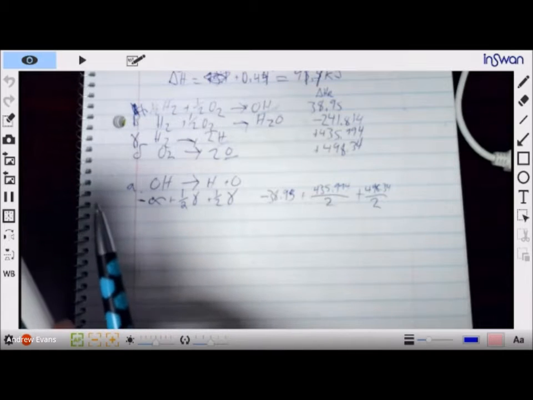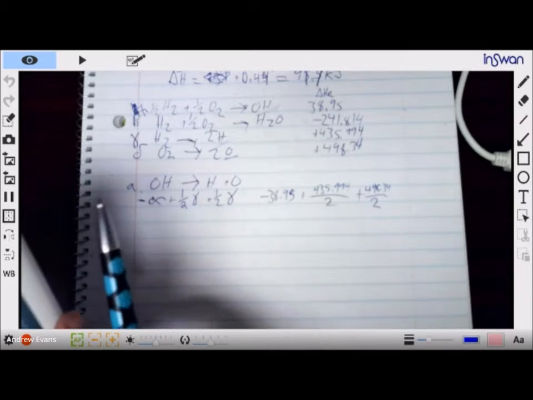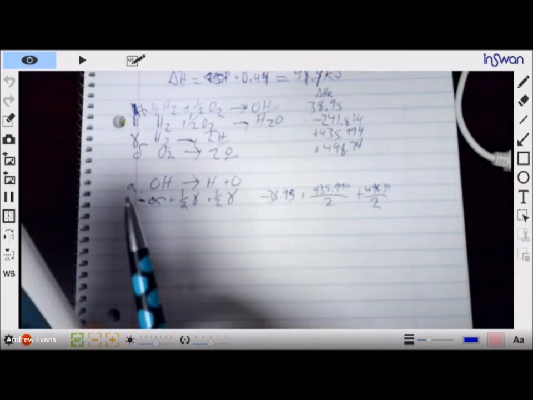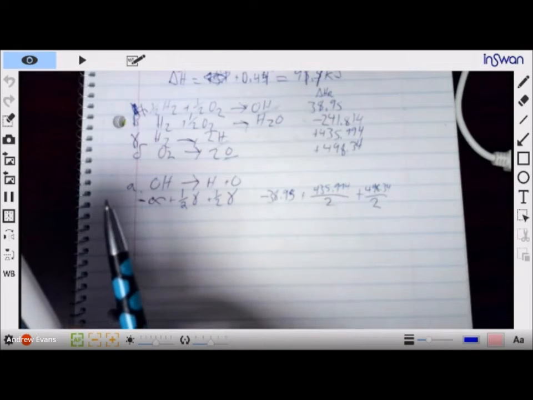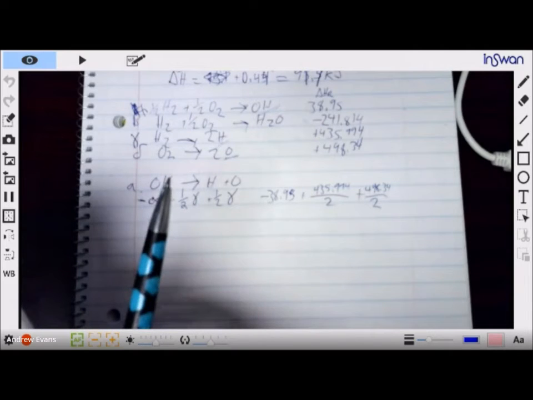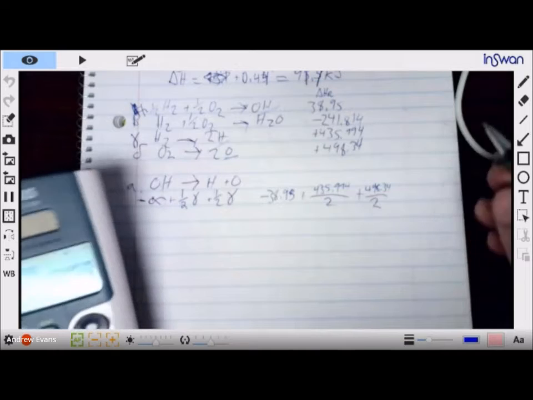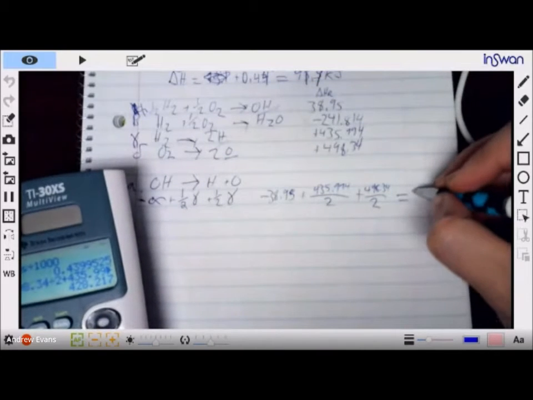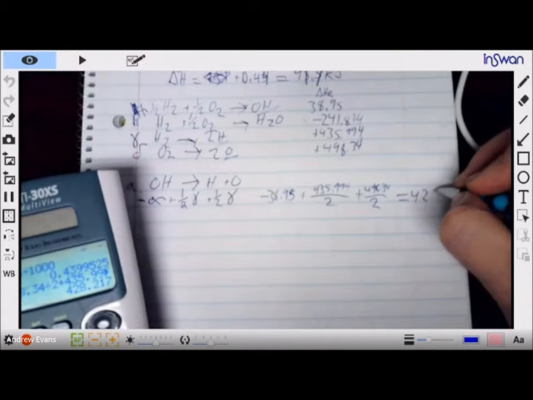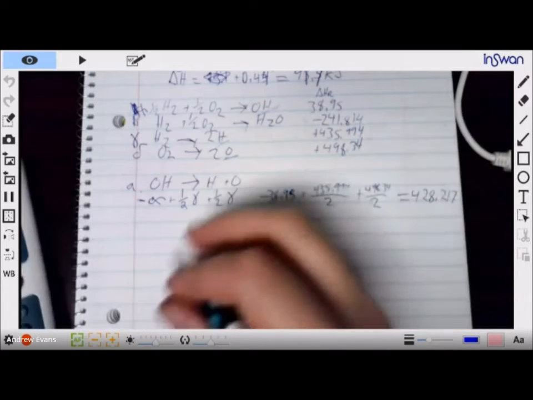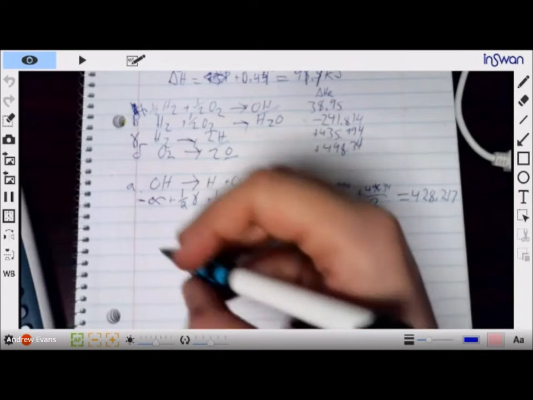So 498.34 divided by 2 plus 435.994 divided by 2 plus a negative 38.95 should give you positive 428.217. That's for equation A.